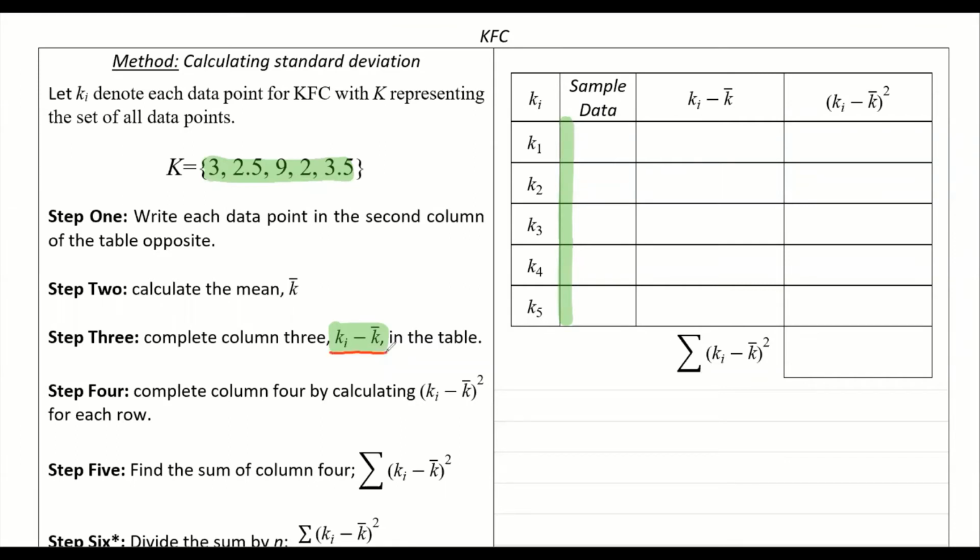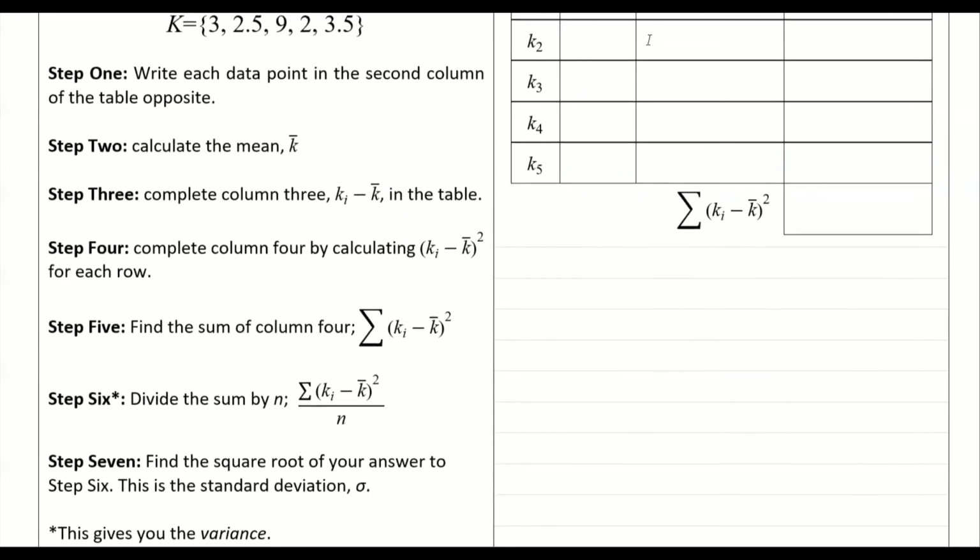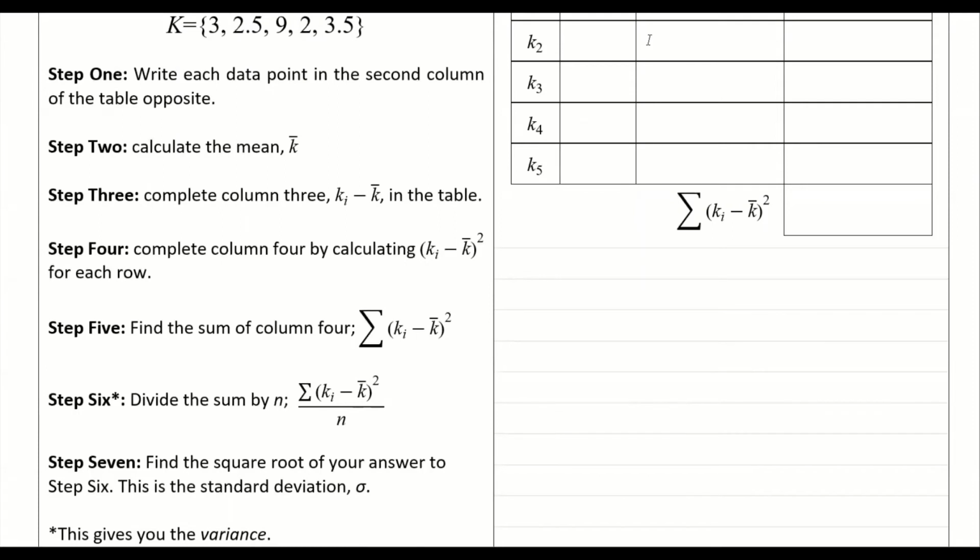Then step 5, you're going to take the sum of all those. Step 6, you're going to divide the sum by n. And I put a little asterisk next to that. That's the variance. Once you've got to that stage, you now have the variance.